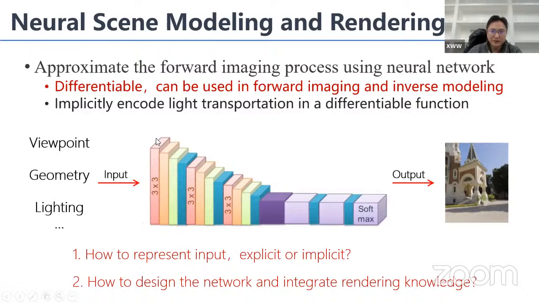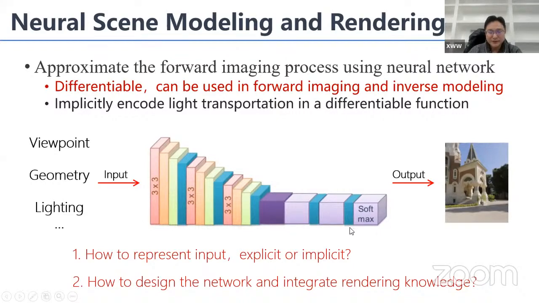But in this talk, we will talk about how to use neural rendering techniques to approximate the forward imaging process. Here's an example. Given a neural network, we can input the viewpoint, geometry, and lighting into the network. Then after some computations inside the network, we can output an image. It's called neural rendering.